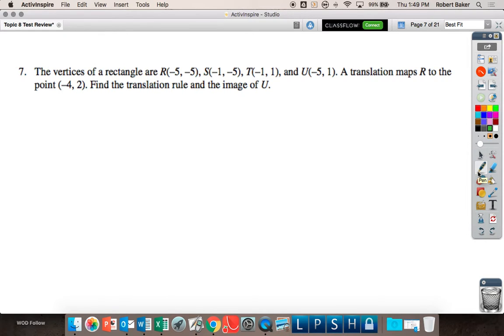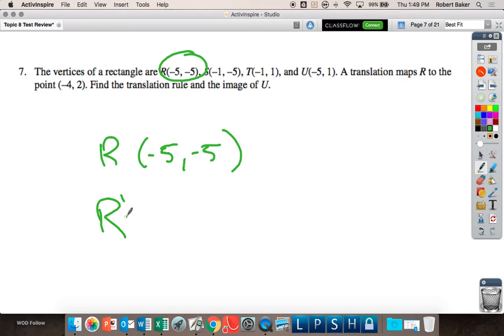So R was at (-5, 5). Now R prime has been moved to the location (-4, 2). So how did I get from R to R prime? Right 1.